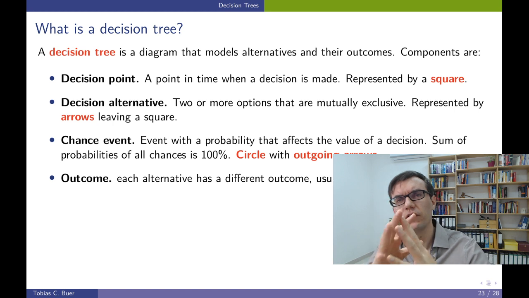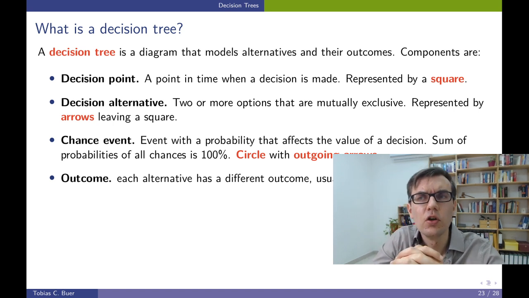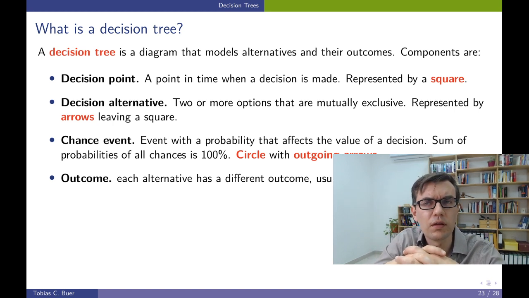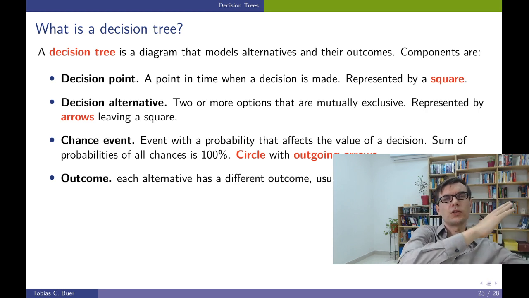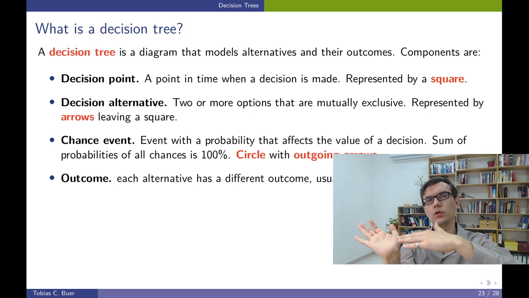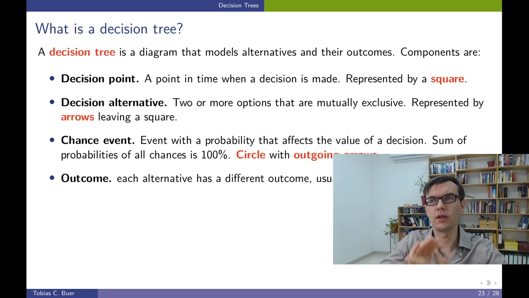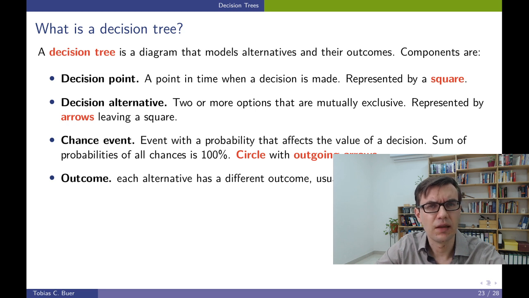Then we have decision alternatives, two or more options that are mutually exclusive. So we can either go for option 1 or for option 2, but we cannot go for both of them at the same time. These are usually represented as arrows that leave the square, the decision point.